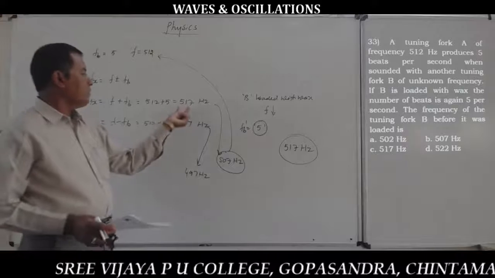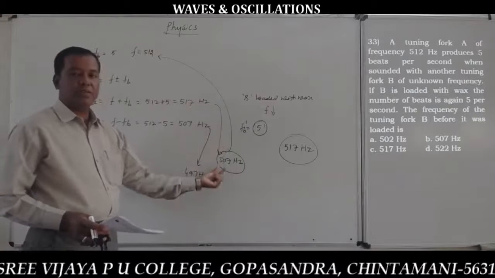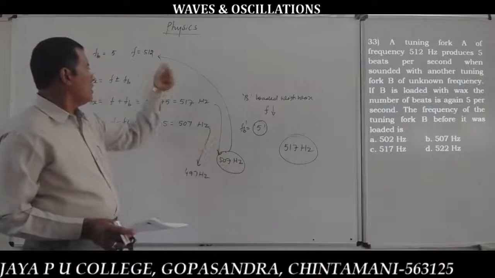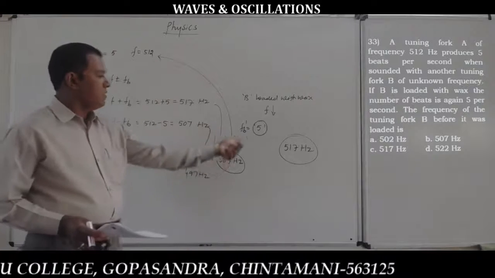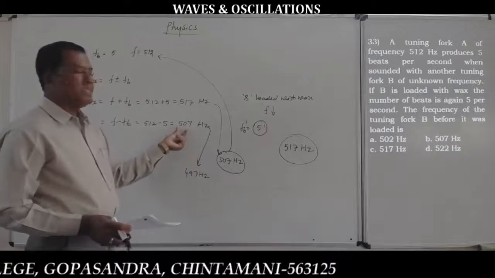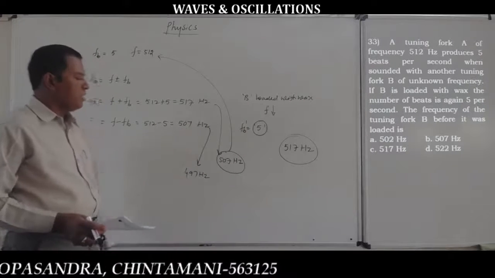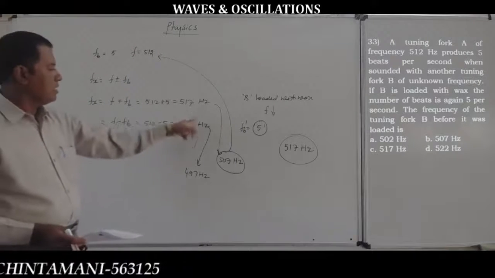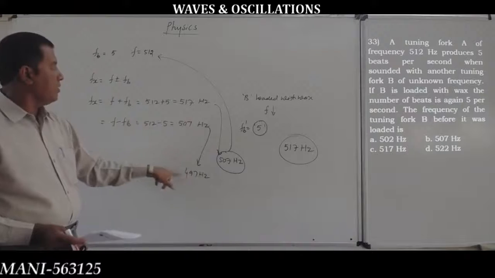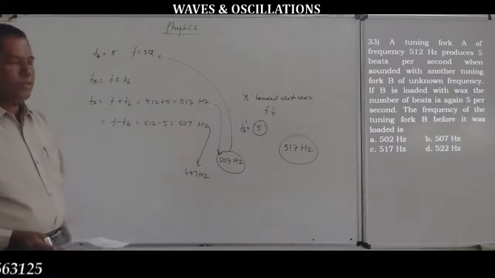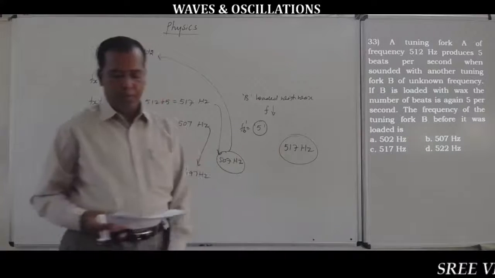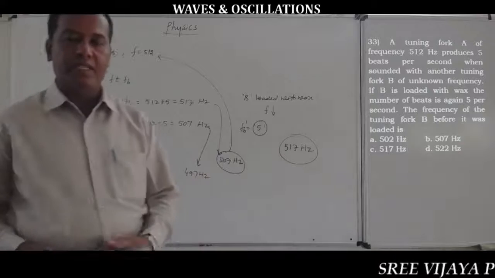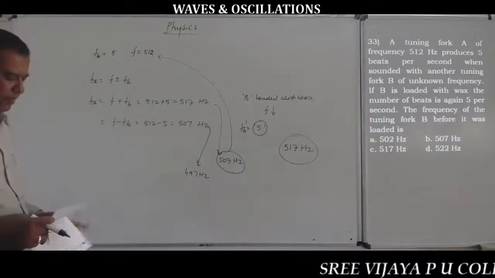If you consider 517, let me consider its value decreases to 507. Once again, with 512 and 507, you get 5. But if its frequency decreases to, let me consider, 497, here also I have considered a range of 10, but when you match these two, you won't get 5. Therefore, the frequency of tuning fork B used to be 517 Hertz.